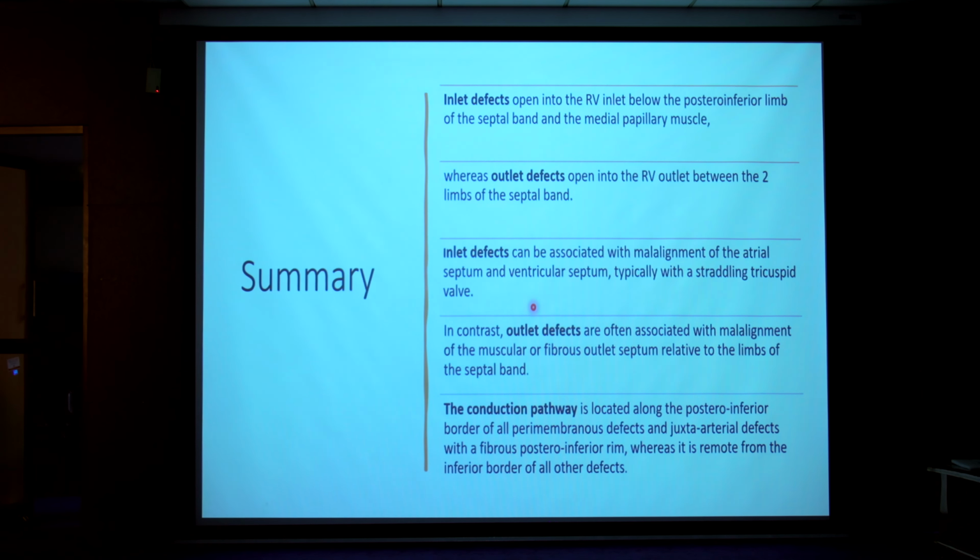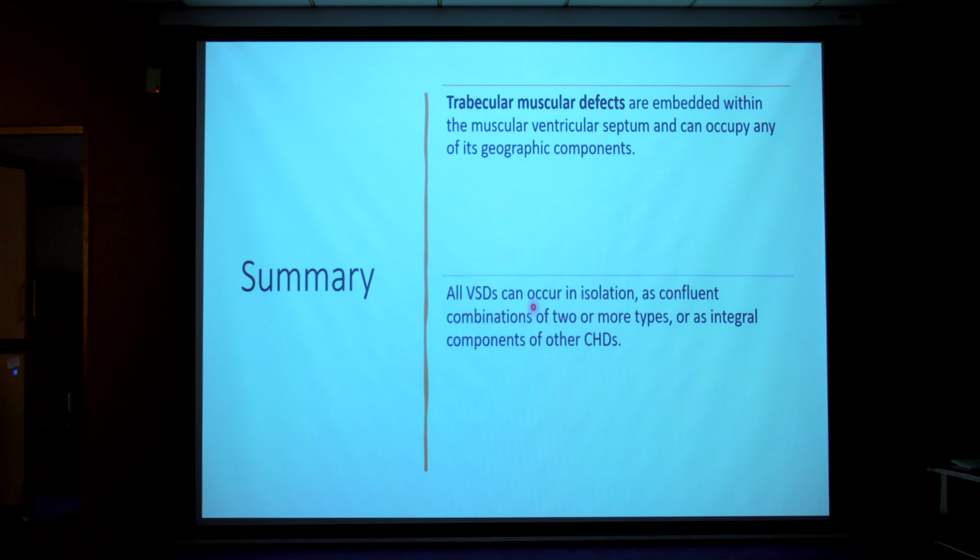So the conduction bundle actually comes very close to the margin, whereas it is remote from the inferior border of all other defects. The trabecular muscular defects are embedded within the muscular septum and can occupy any of the geographic components. All VSDs can occur in isolation or as a confluence of two or more types, as I showed you earlier.